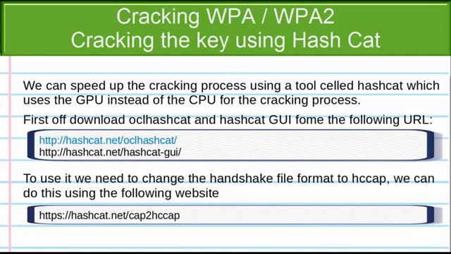Those services are really good, because their computers are very fast and their word lists are huge. So you can also try them if you're stuck, if you couldn't find the key using your local machine or your local word list.